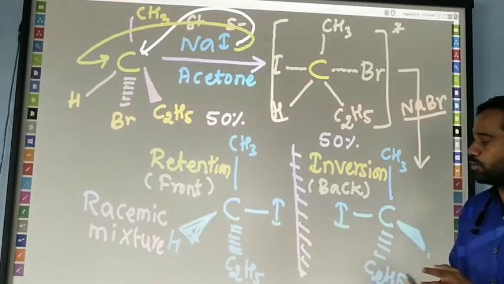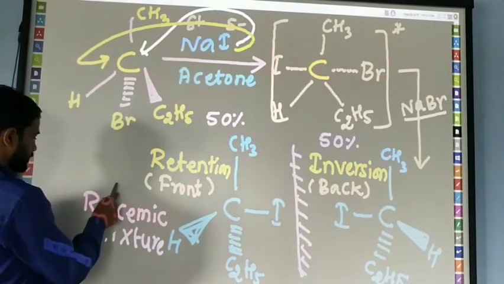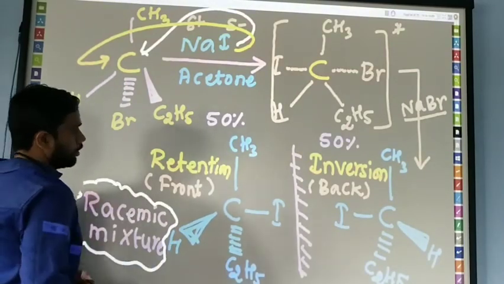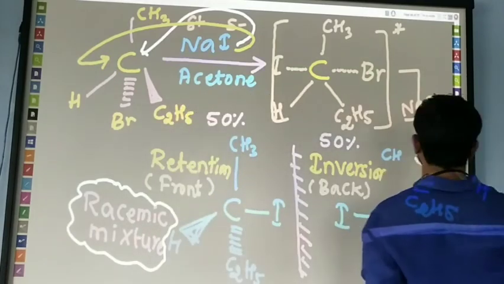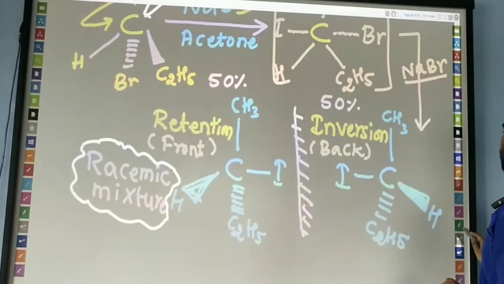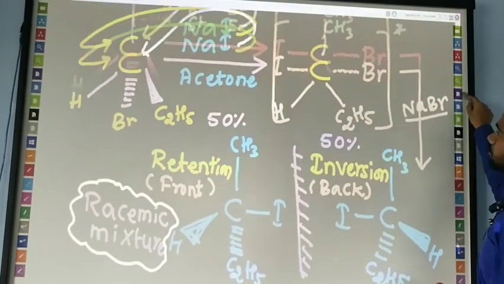We call this mixture a racemic mixture. Individually, we call them enantiomers, the retention enantiomer and the inversion enantiomer. What do you mean by racemic mixture? The 50% retention product and 50% inversion product, the combination of both, we call our racemic mixture. This is a very important question, so remember this. This is the whole mechanism of the SN2 mechanism, and the whole mechanism will follow like this.